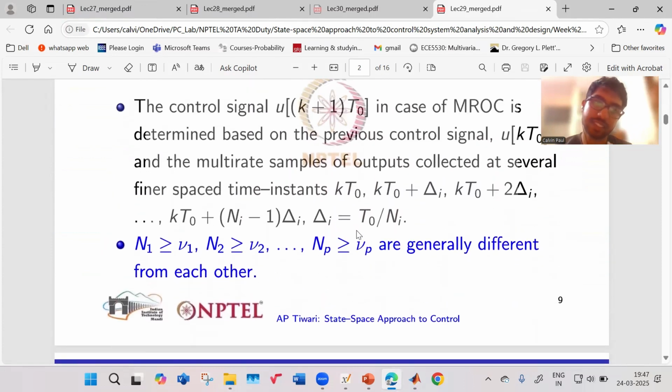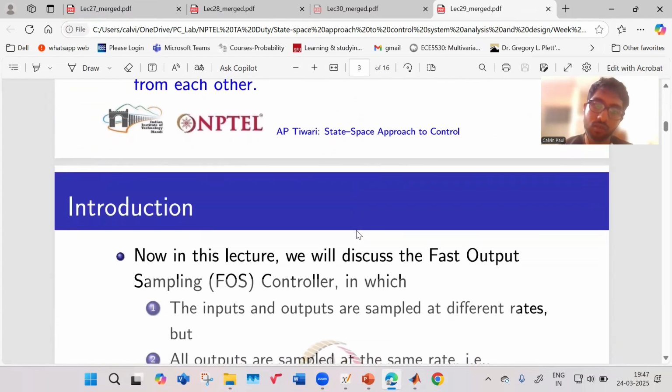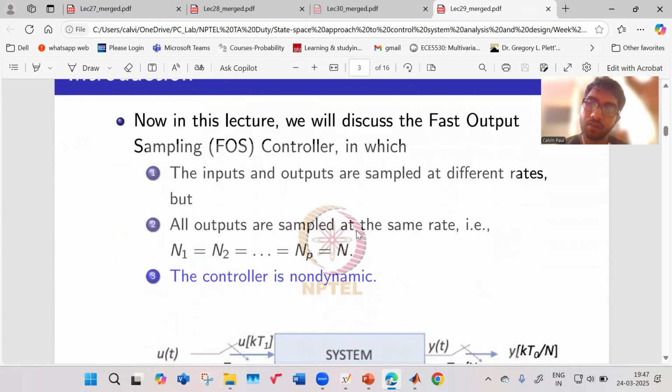So the observability indexes for each output are different, and the number of times that output is sampled is also different. That may be the generalized case. When all outputs are sampled at the same rate, use N1, N2, N3 samples every time. And they have shown that this controller is non-dynamic.